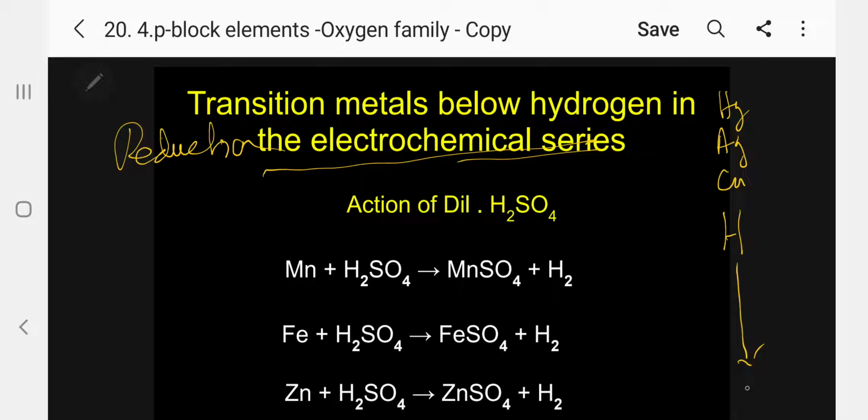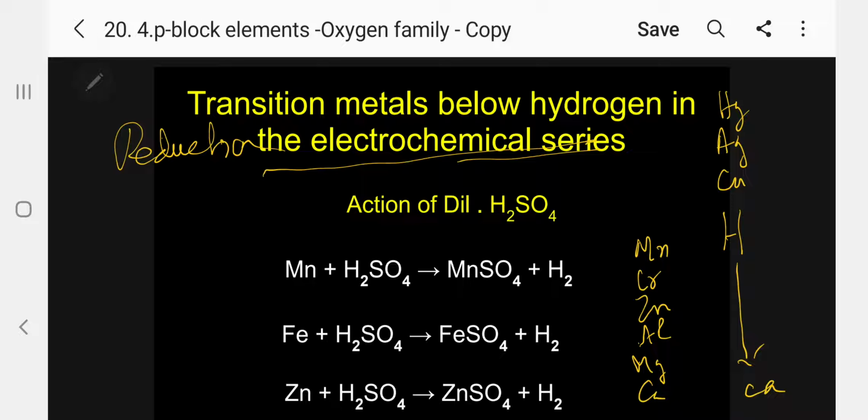So lowermost we have calcium. Then let me give magnesium, aluminum, zinc, chromium, manganese, and it goes on. These metals you have to memorize because this is useful not only in the electrochemical series and reduction potential, but also in the Ellingham diagram.